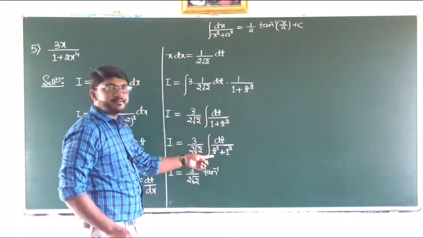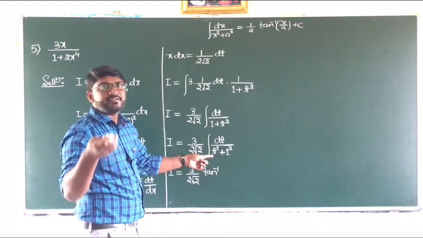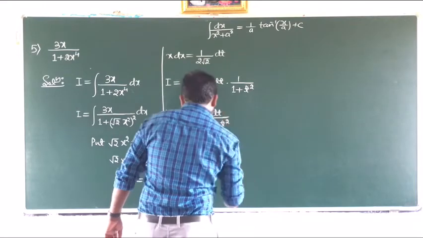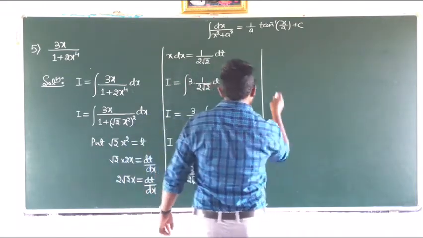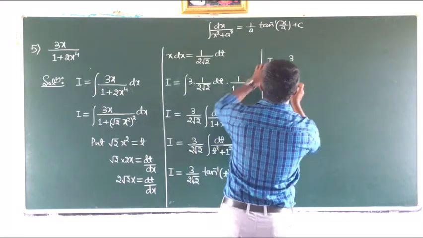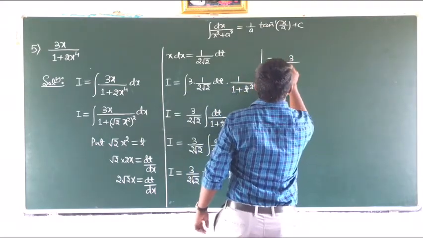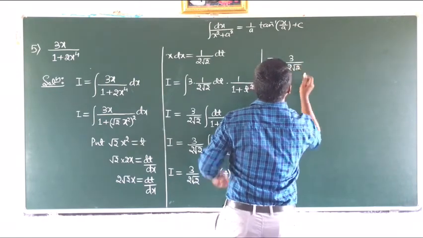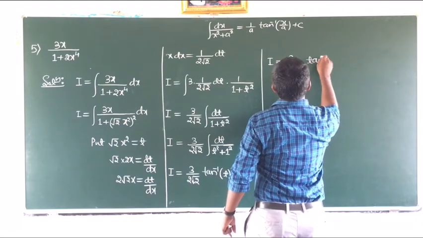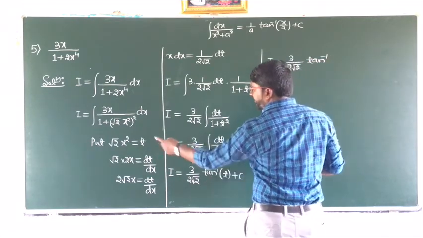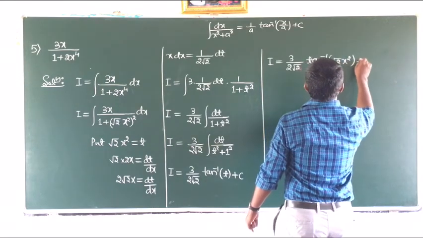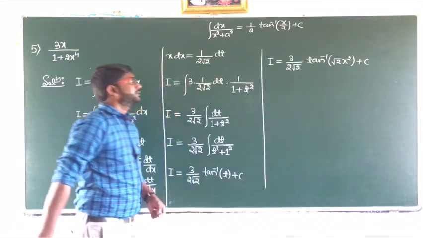Here x is t divided by 1, that is t. So we get tan inverse t plus c. In the next step I replace t. That will be our final answer: 3 divided by 2 root 2, into tan inverse of t. t is root 2 times x square, plus c. So this is all about the fifth problem.